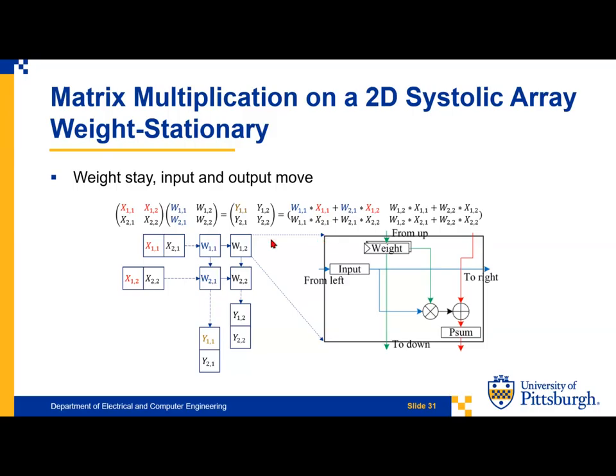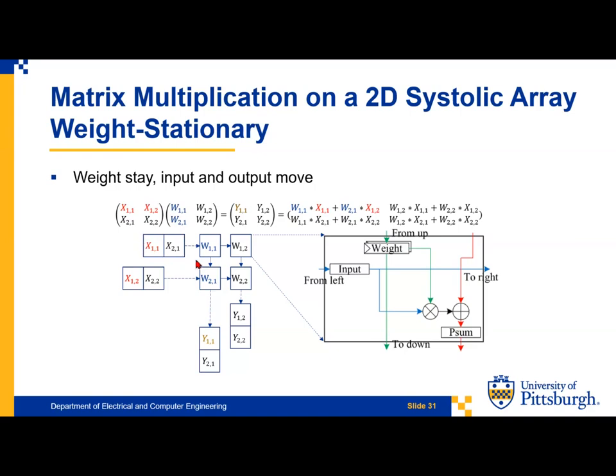The definition of the weight stationary is shown here. It will do the multiplication of the input times the weight, and then accumulate with the previous output. Right here, the red line, it will add with the previous result and propagate it to the next processing element.